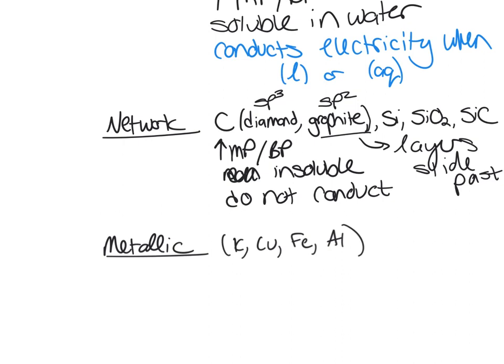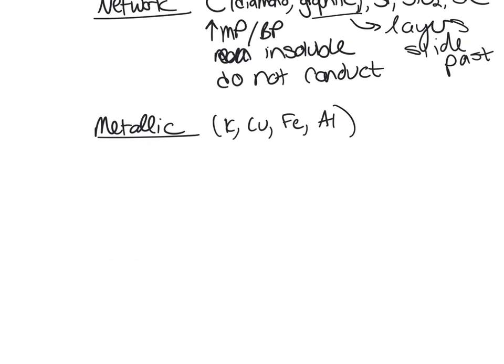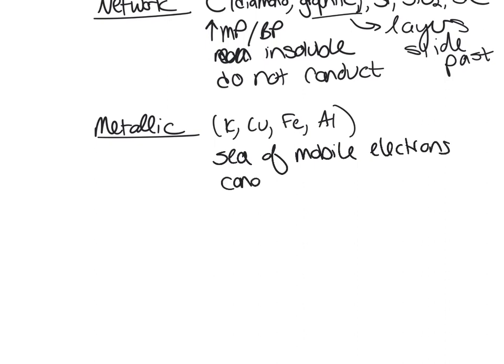Metals have a sea of mobile electrons. That's usually what we talk about, and that's why they conduct as a solid and a liquid and a gas. They're usually insoluble.